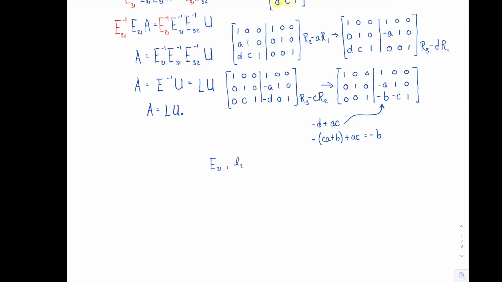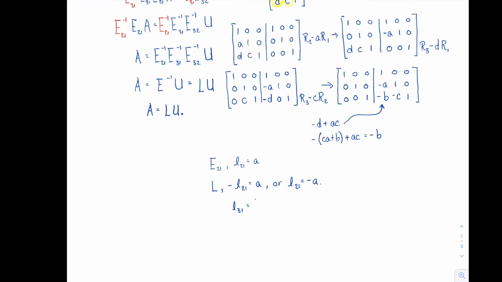For the E21 matrix, remember we said that L21 was A. But look at what happened when we have the L matrix. Then what we had was minus L21, which equals A, or L21 equals minus A. And it worked in the 3-1 position.